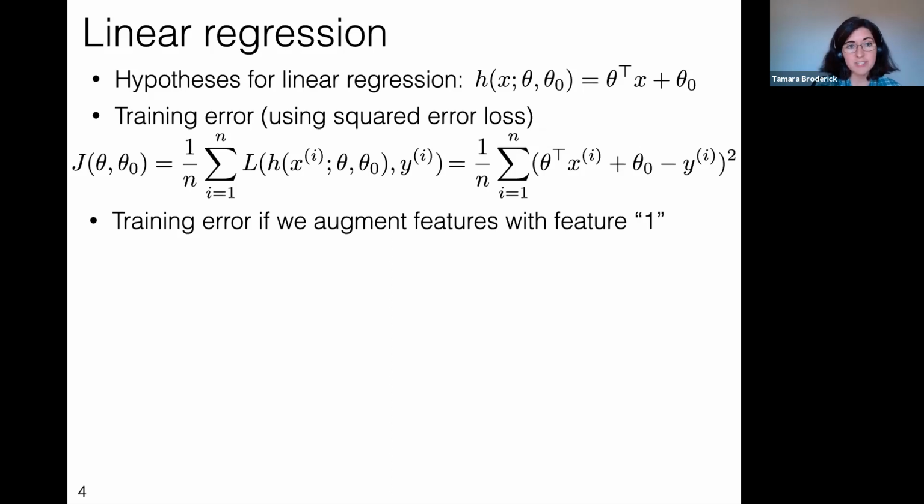So you can look back to what we did with classification. Effectively, what this lets us do is get rid of that theta naught term while still expressing all of the same linear regressors as before. So this is just convenient for math, but it doesn't really change anything. We're doing exactly the same thing we did in the line above, but with this little trick where we have augmented our features with feature 1.